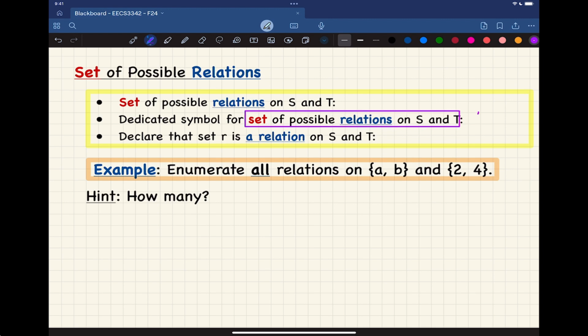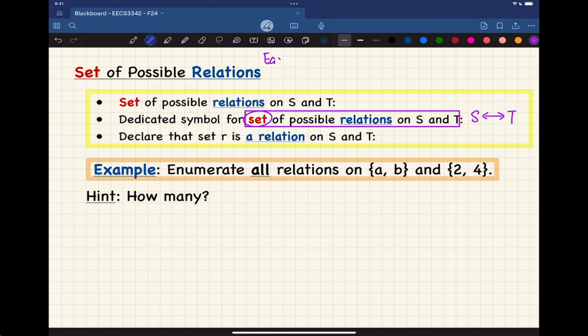So it's S, double-headed arrow, T. This contains all the possible relations, not just a single one, the set, right? And let's be even more precise over here.